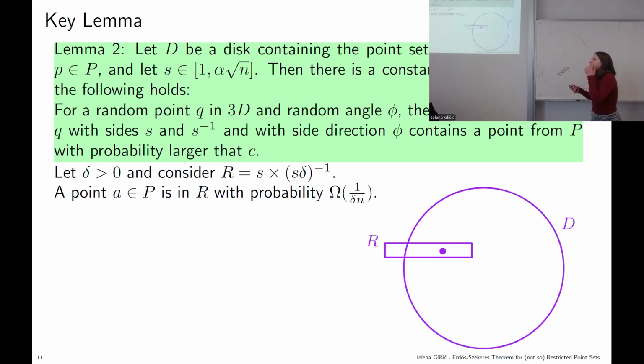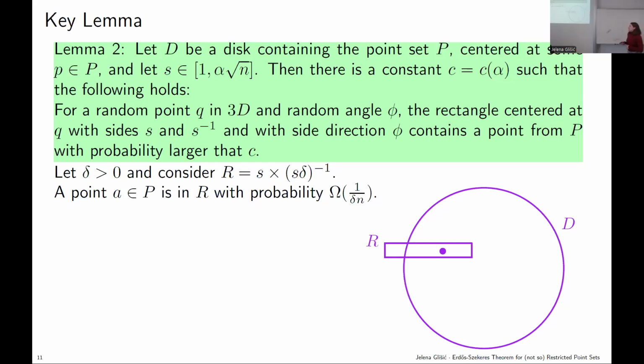So first, what is the probability that some point A is inside my random rectangle? It should be, what is the area of the rectangle? It's 1 over delta, right?